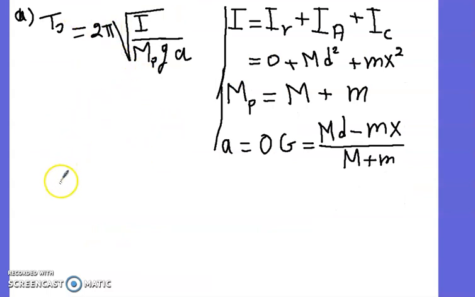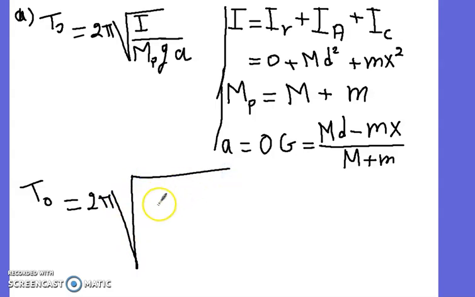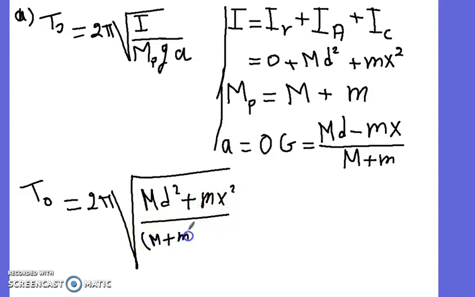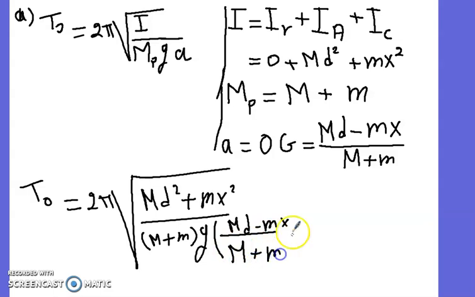Now let's replace here in the period. So the proper period or natural period of our compound pendulum is 2 pi square root of I, which is m d squared plus m x squared, over m plus m, the total mass, times gravity, multiplied by a, which is m d minus m x over the total mass.